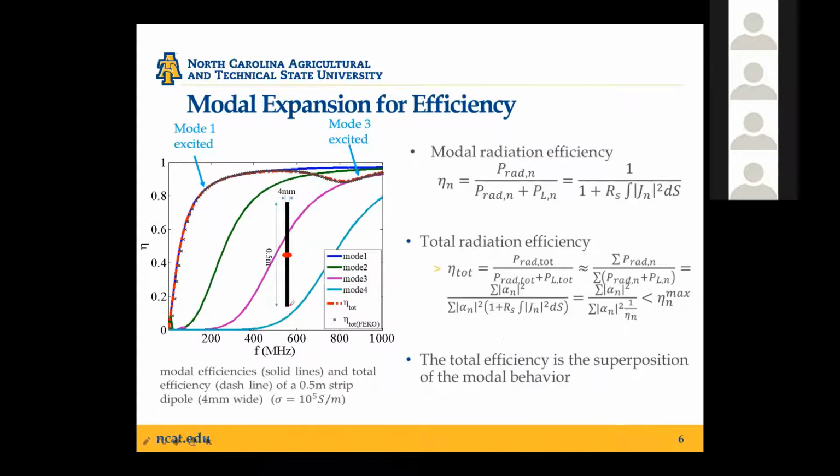The total efficiency we calculate is the red dotted line, and the markers show you the total efficiency if you calculate directly from a driven port in FEKO, and they have pretty good agreement.